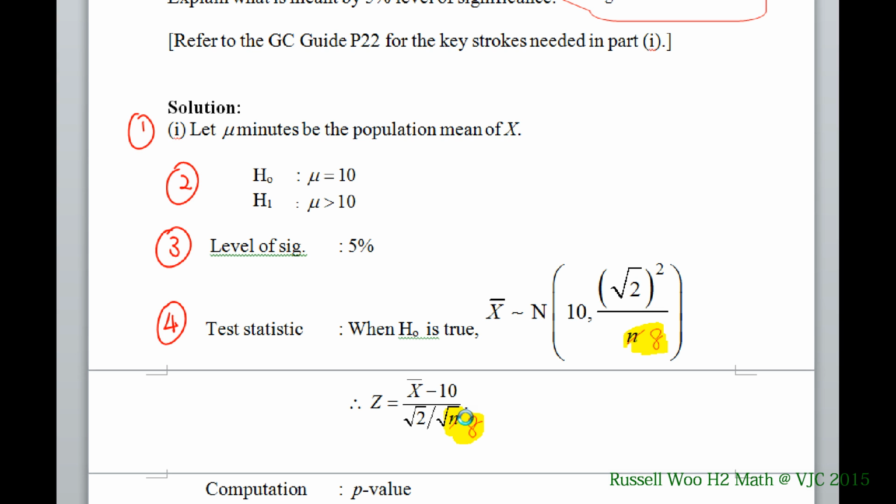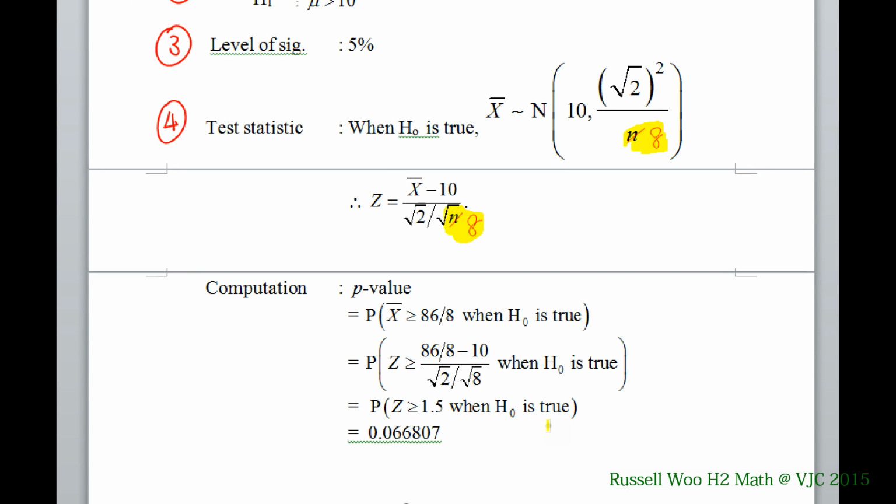Then p-value. You know the drill by now. Can you all just make sure that you can get this value from GC? Again, step 5. This is good for understanding.